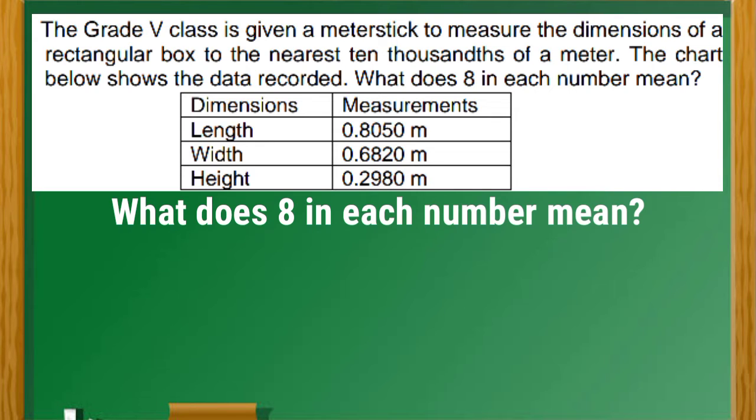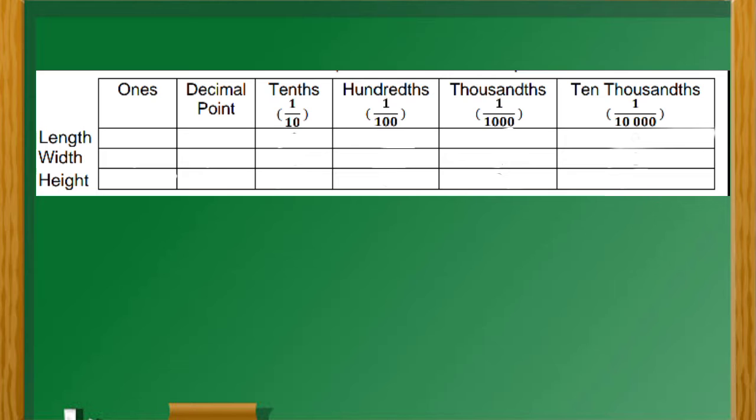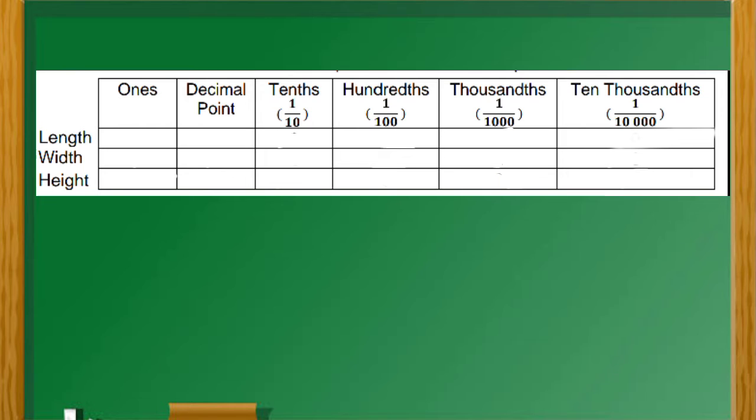What does 8 in each number mean? The 8 in each number occupies a different place value and has a different value. To answer this, let us use the place value chart. We use the place value chart to easily identify the place value of each digit. We are going to put the measurements inside the place value chart.